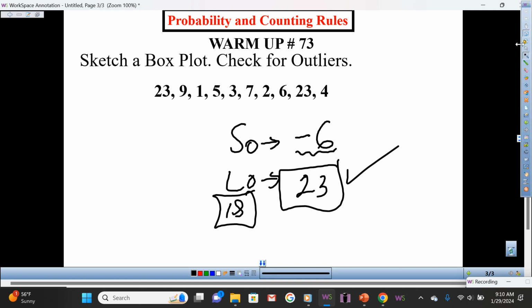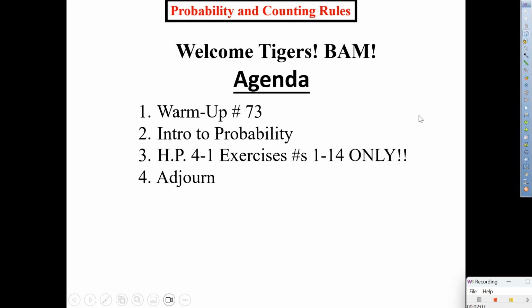Let's go. Copy the agenda. Warm-up number 73, intro to probability. Excuse me. Today we're going to be done with the introduction portion of probability. I've been trying to smooth it out as much as possible. And today we're going to cover a lot of terminology, so flex your wrist so you can have plenty of flexibility in writing.